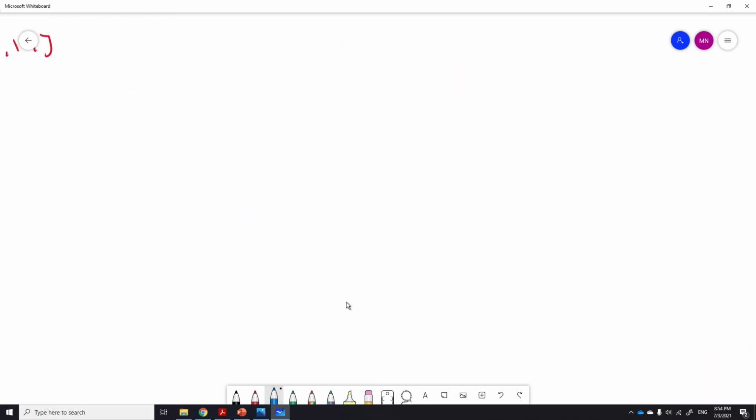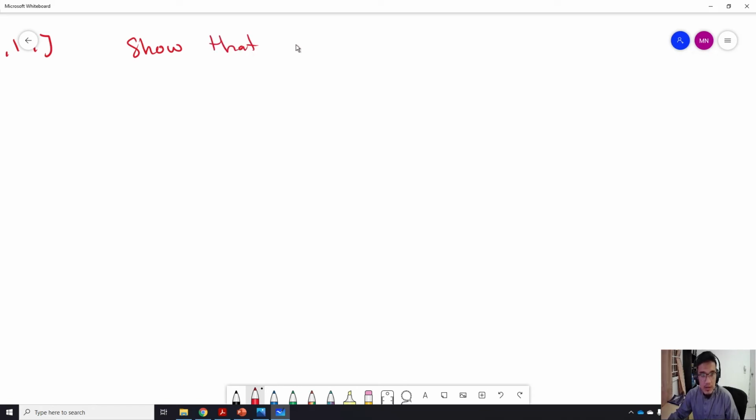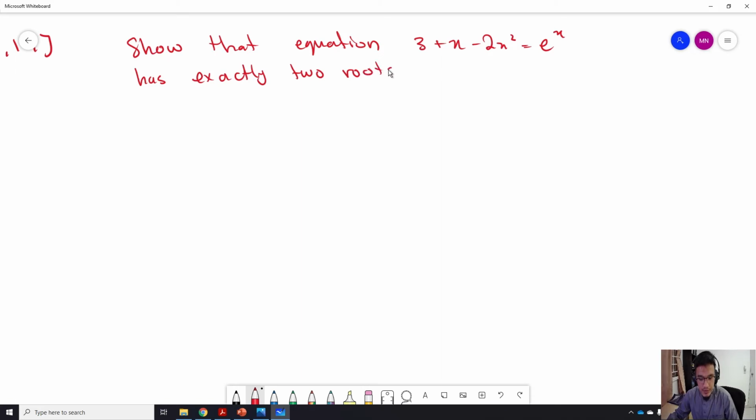Okay, our next example is about show that the equation 3 plus x minus 2x square equal to e power of x has exactly two roots.